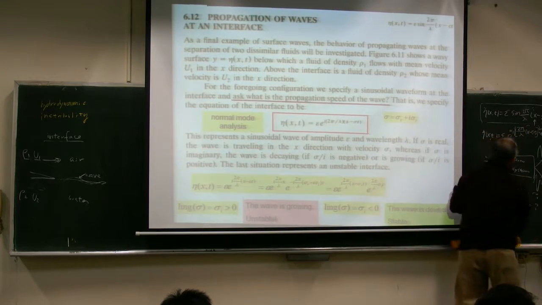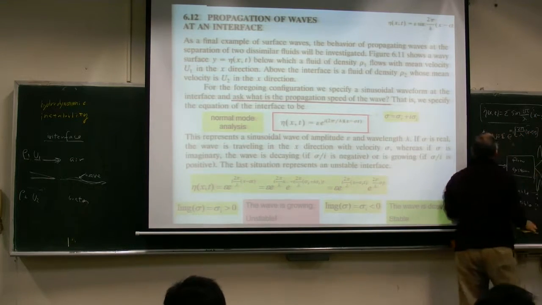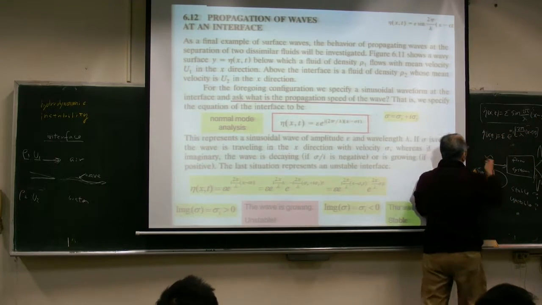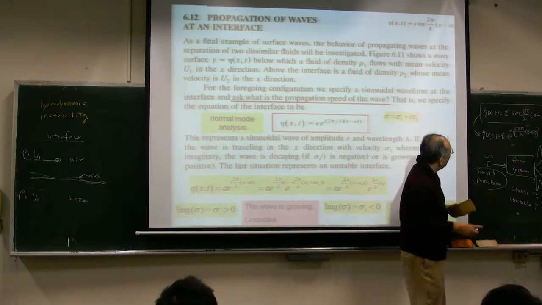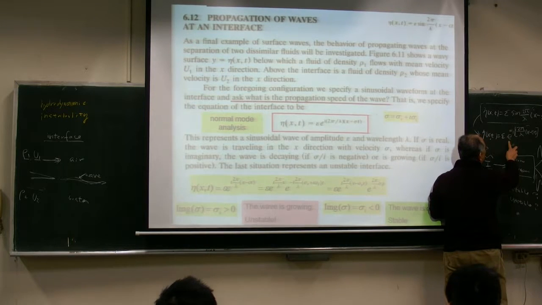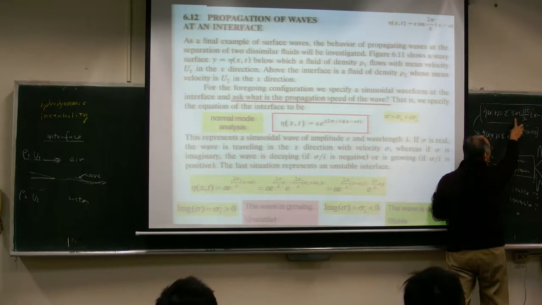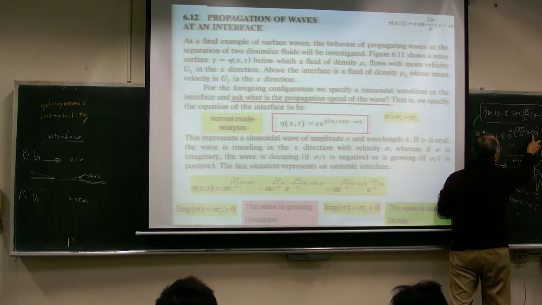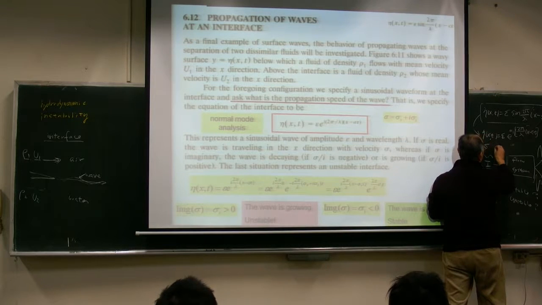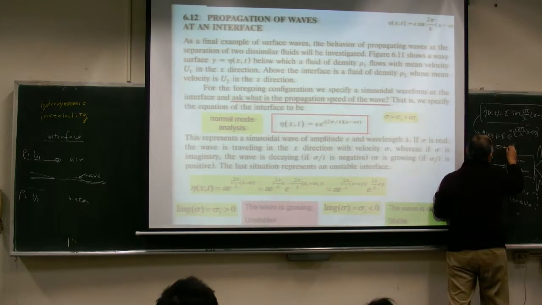Let me erase this so you can see the difference. Can you compare the difference here? Now we are using the exponential function. The exponential function gives you the sine cosine function, right? If this is i, and inside here this sigma may not be a real number: sigma equals sigma r plus i sigma i.